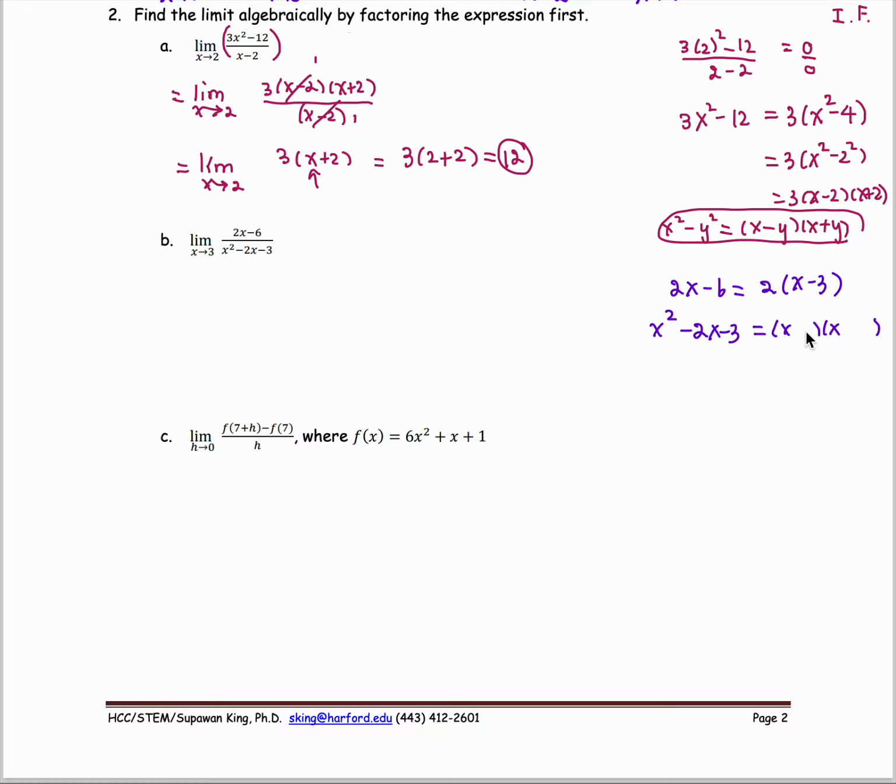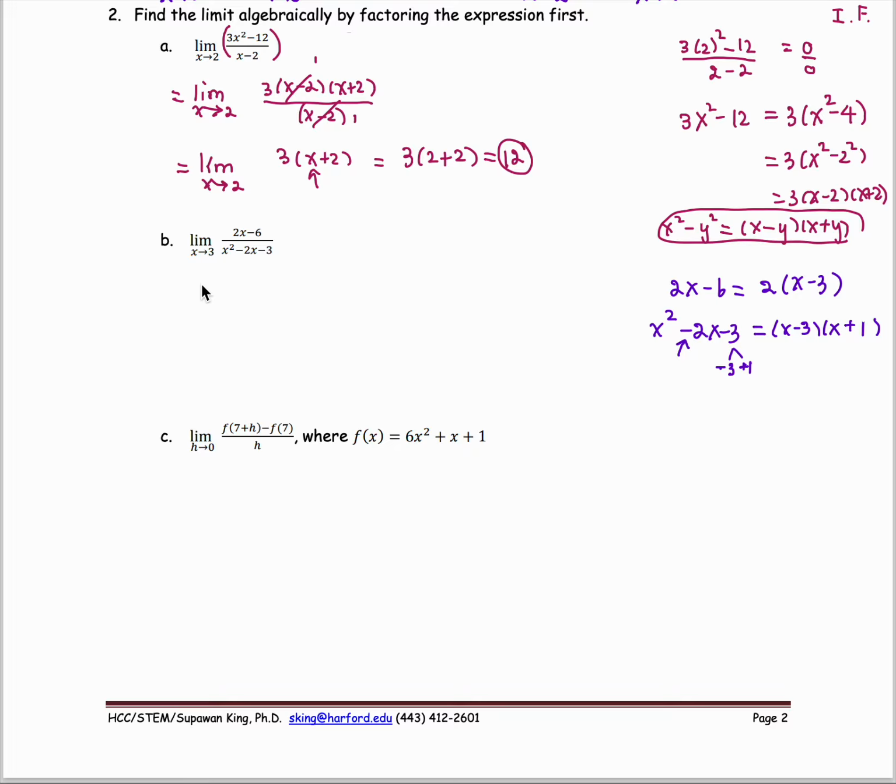Negative 3 is from 3 times 1, but the middle term here has a negative sign. That means the larger quantity has the negative inside. So negative 3 is a product of negative 3 and positive 1. So we can factor this to be (x minus 3) times (x plus 1).